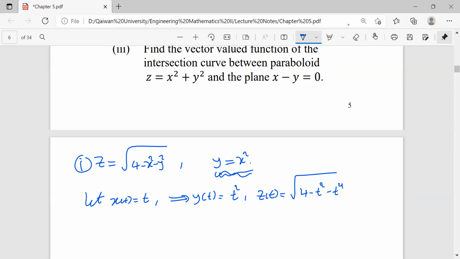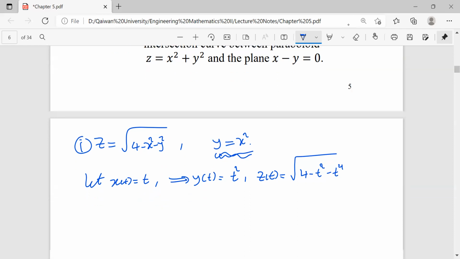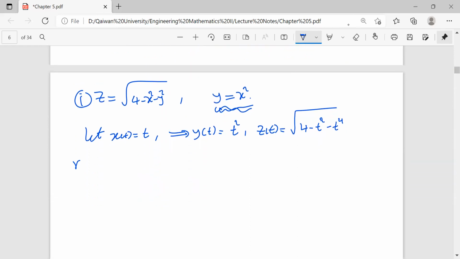These are x of t, y of t, z of t. Then the vector valued function r of t equals x of t, y of t, z of t.